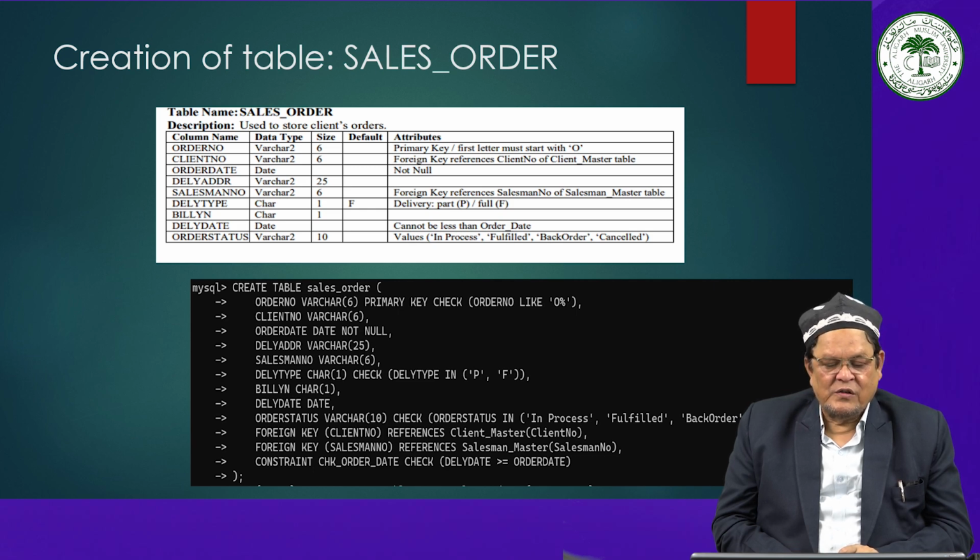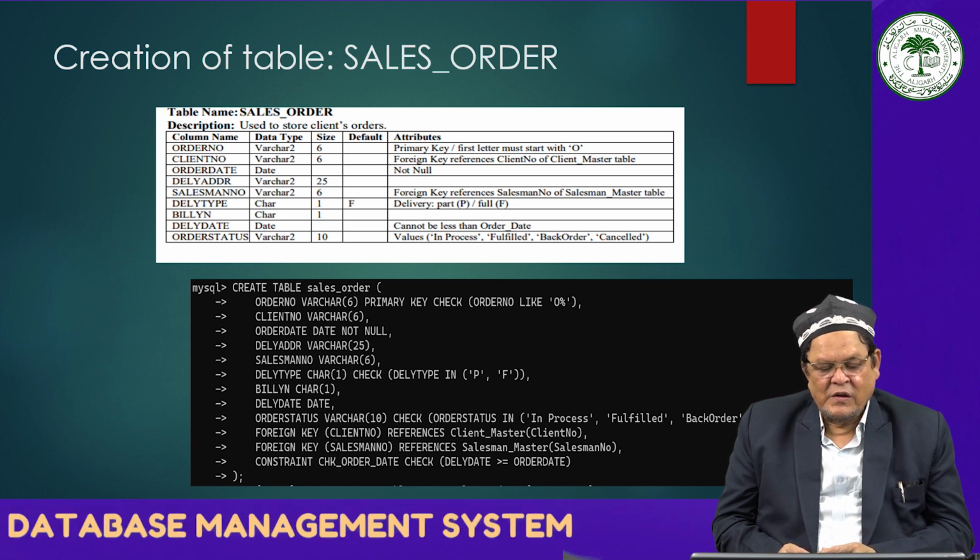The next you have to write client number, varchar 6, comma, order date not null. If you define not null, delivery address, varchar 25.